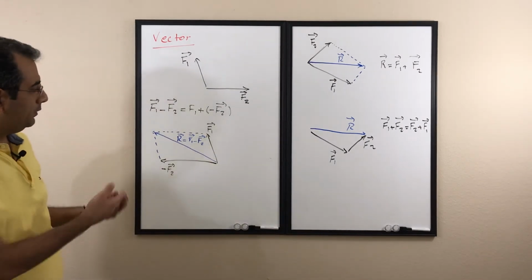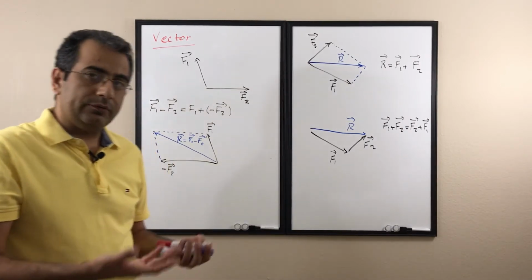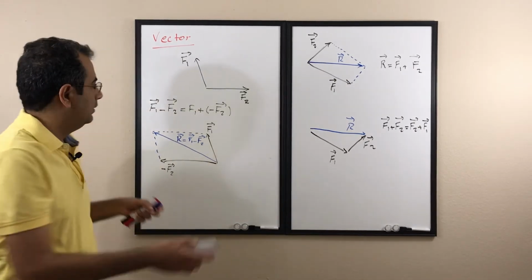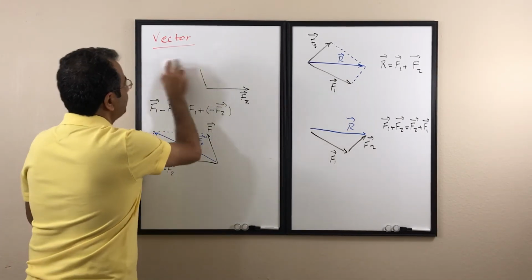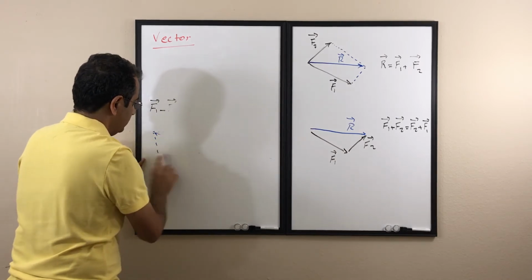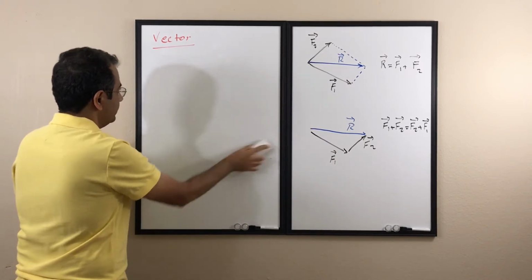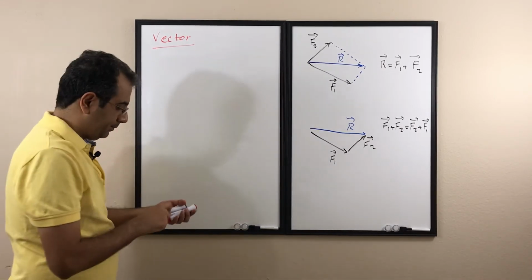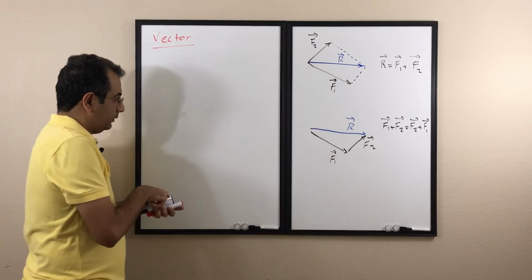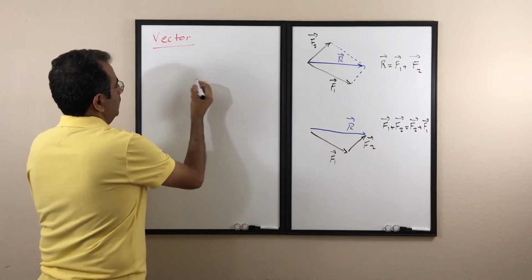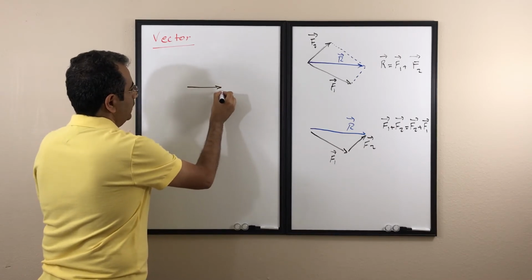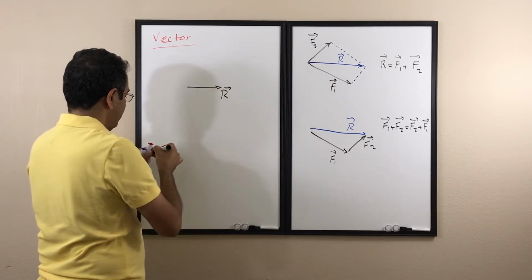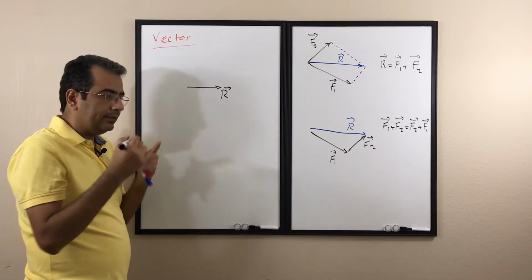The same way, we also can resolve a vector on any axis that we are given. So we can, for example, let's say I have vector R, and then I have two axes, any two axes that you want.